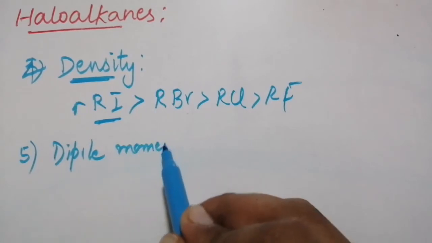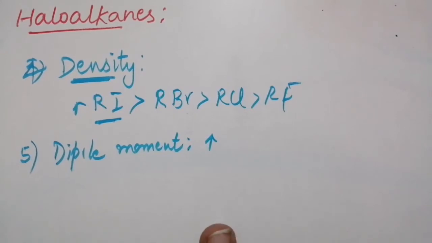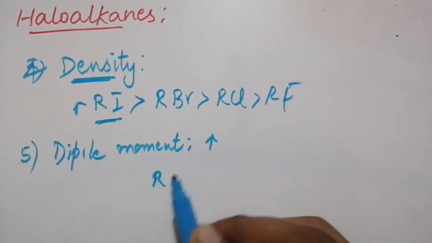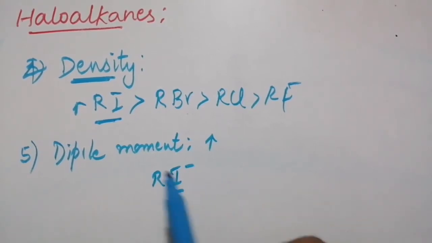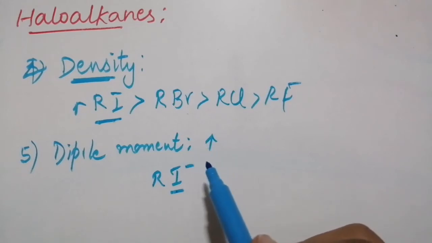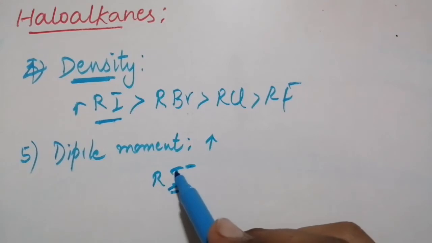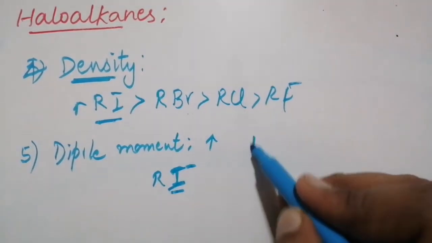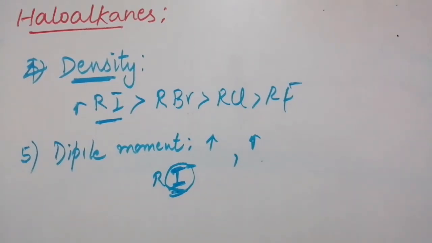The dipole moment increases as the electronegativity of the halogen atom increases. So these are the 5 physical properties of haloalkanes.